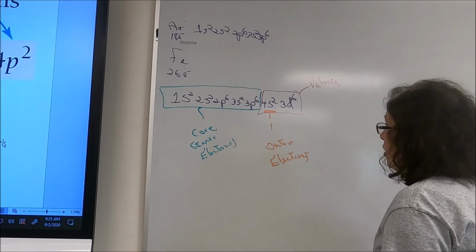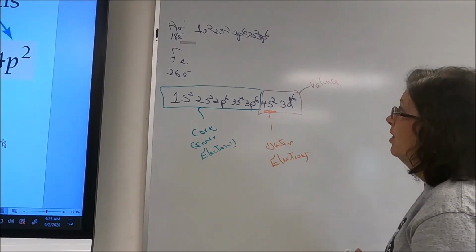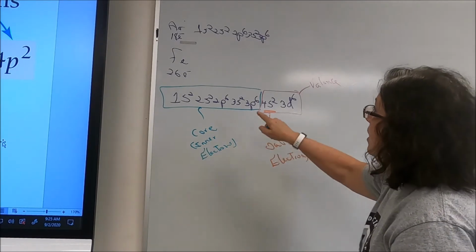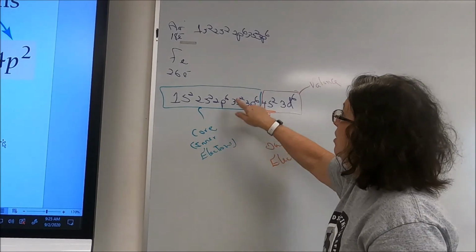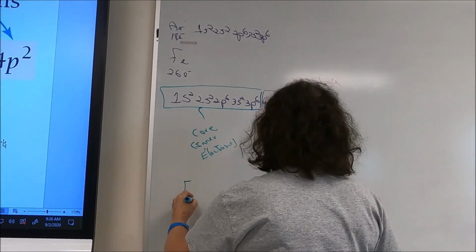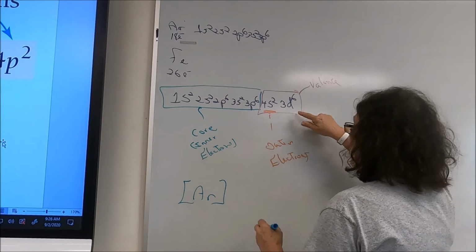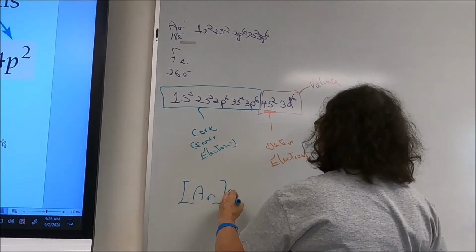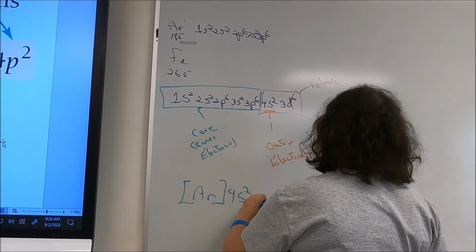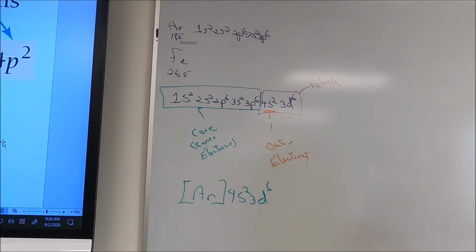Now, when I look at a condensed electron configuration, and I'm going to show you here with iron, okay, what I've boxed in here is what it has in common with argon. So I'm going to put argon in brackets, and then I'm just going to add what comes past that. 4s2, 3d6. This is referred to as a condensed electron configuration.